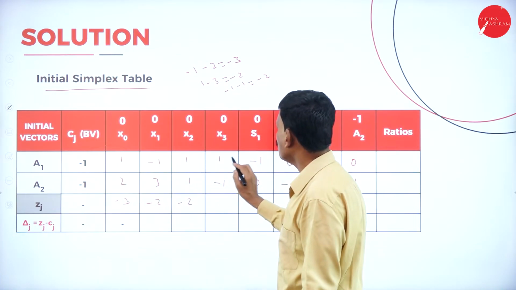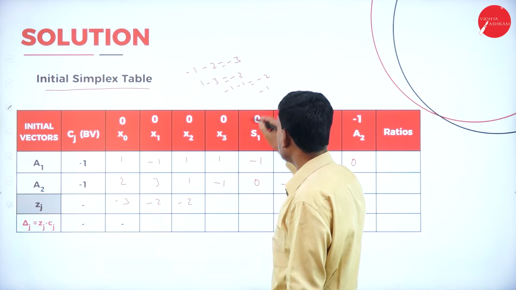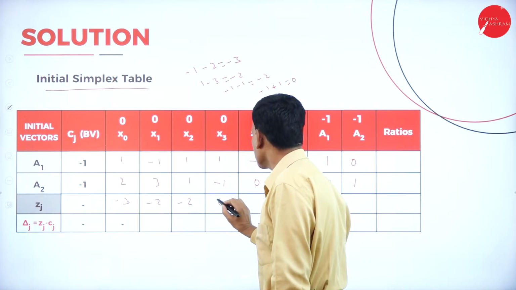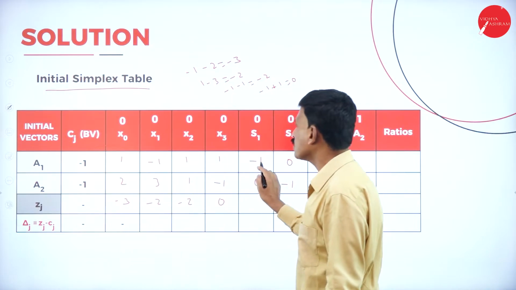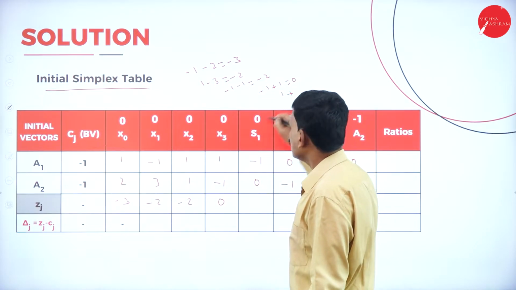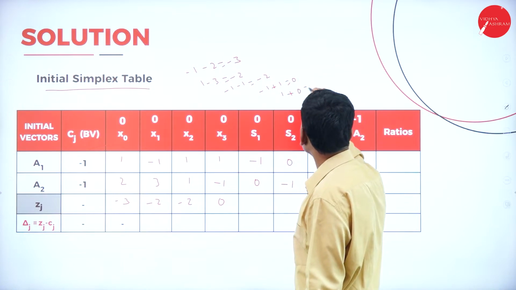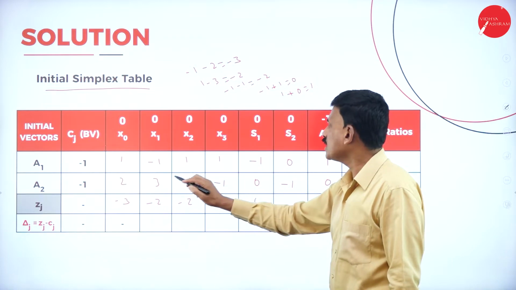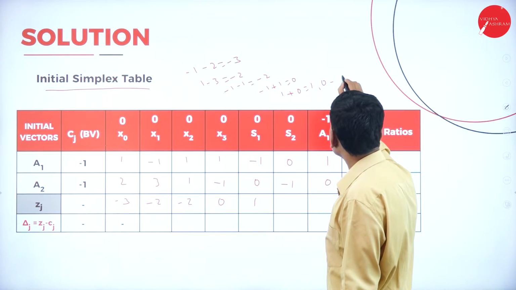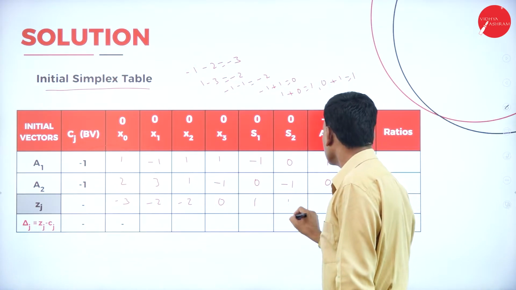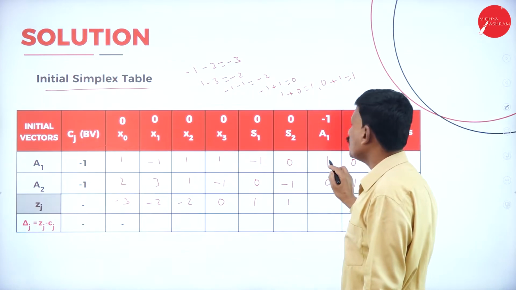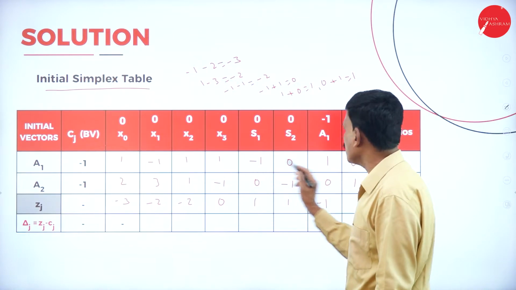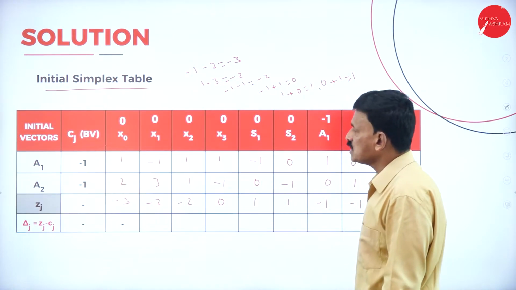Again, -1 into 1 is -1, minus into minus is +1, this is equal to 0. Again, -1 into -1 is +1, minus into plus is 0, this is equal to +1. Again, -1 into 0 is 0, minus into minus is +1, this is equal to +1. Again, -1 into 1 is -1, -1 into 0 is 0, -1 into 1 is -1. So these are the values.